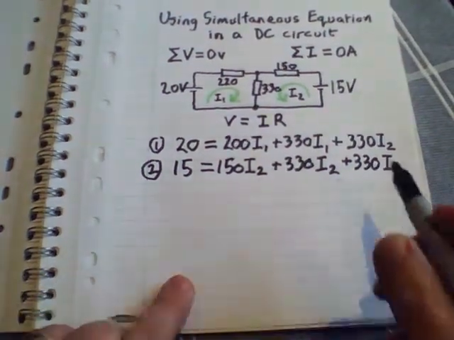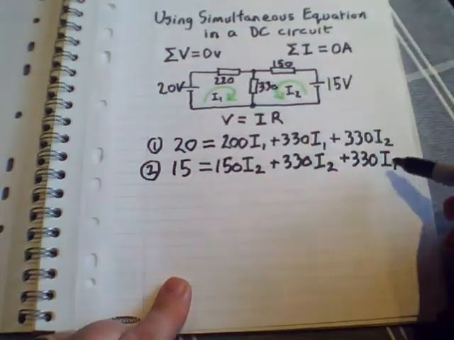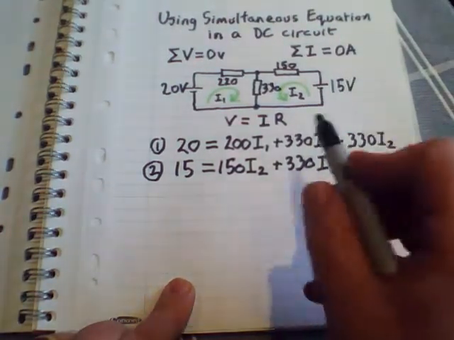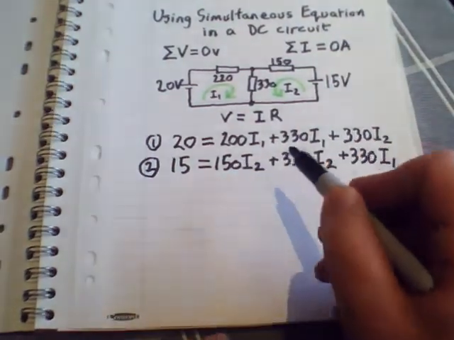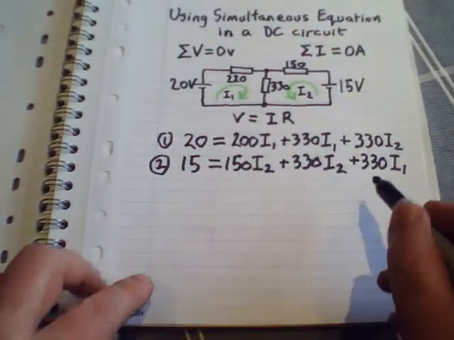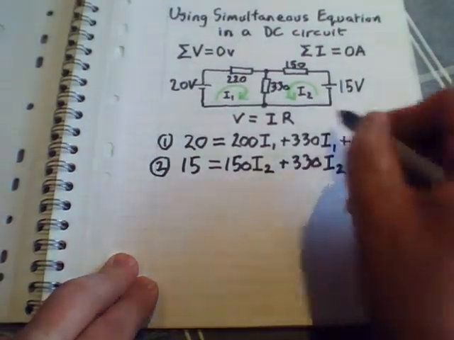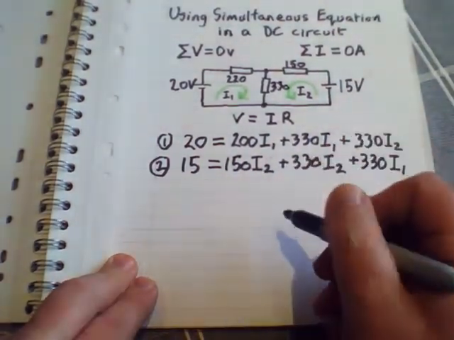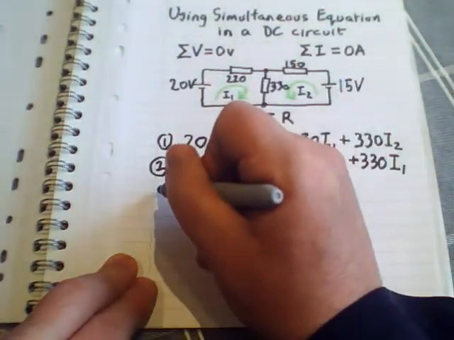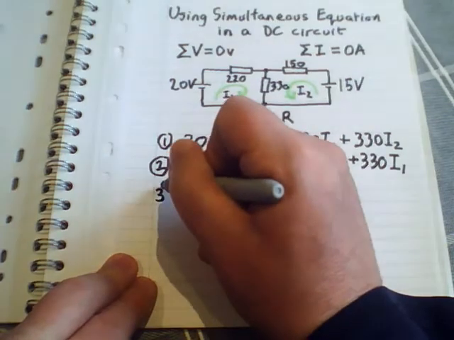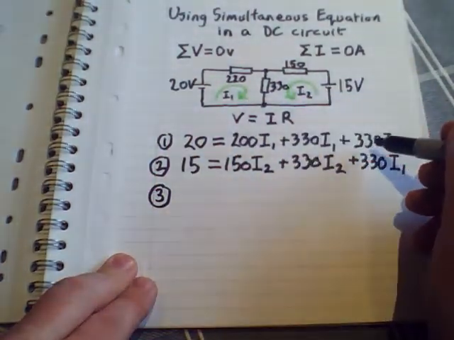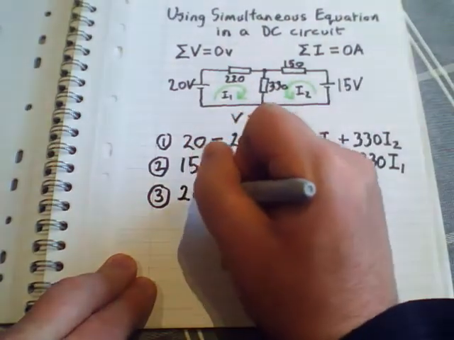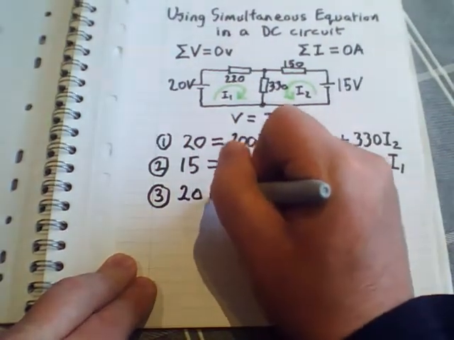Now, I want to tidy these two equations up, so I'm going to add together these two I1s and these two I2s, and I'm also going to just place them in a different order. You'll see why in a second. So a new equation 3, so I'm taking this from equation 1, so the 20 doesn't change.